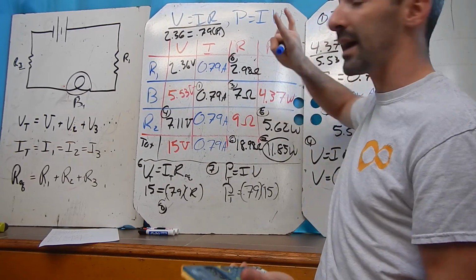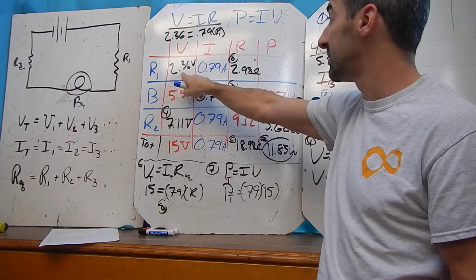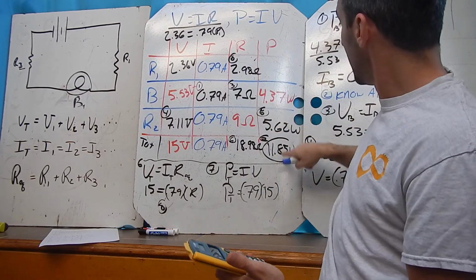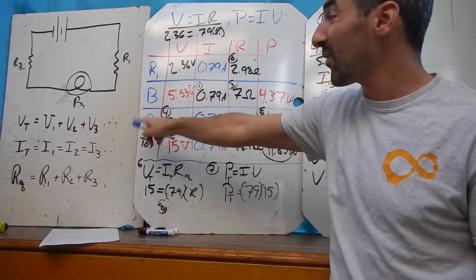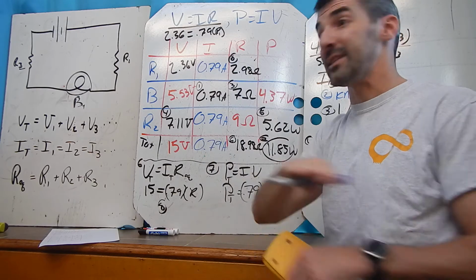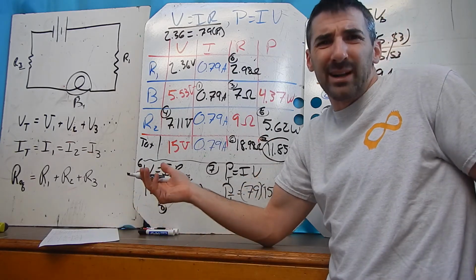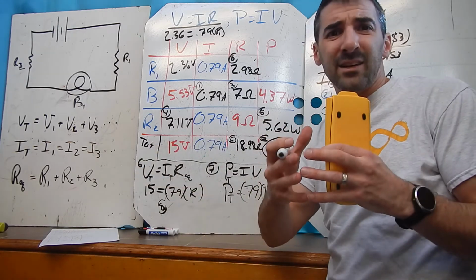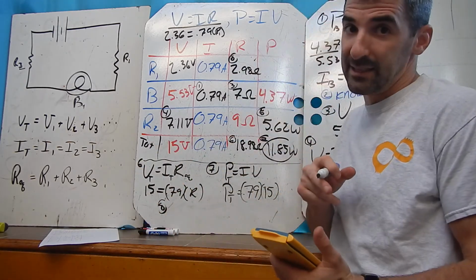Now the last one, I can do it again twice. Power equals I times V, or this plus that equals the total. I don't have that rule written down because that's not a special series rule. That's always. Power always adds up because power is like light bulb brightness. No matter what, if I have 2 lights near each other, they get brighter. So power always adds.